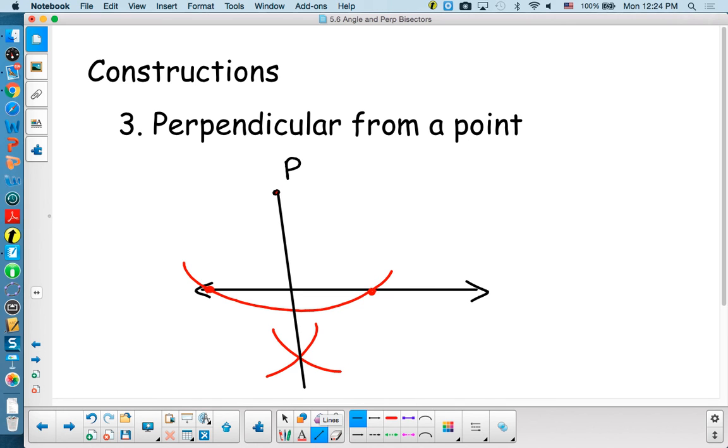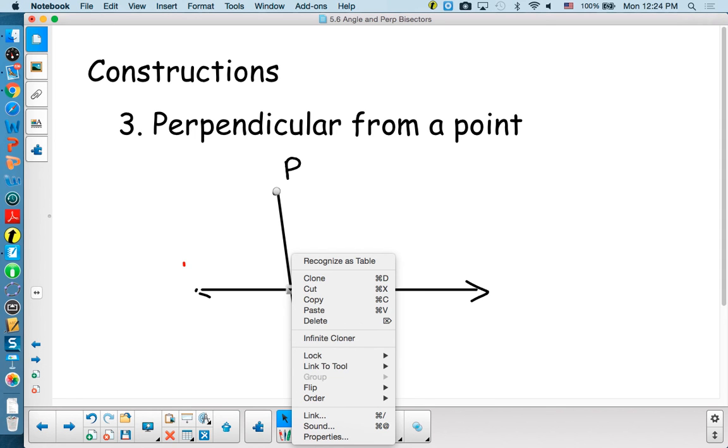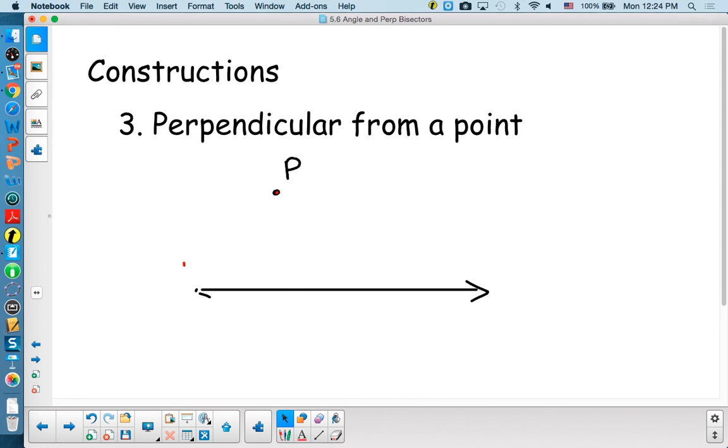My sketching does not look too good. Let me sketch it again. I don't like the looks of that. But if you got it, go ahead. Okay, from point P, swing an arc.